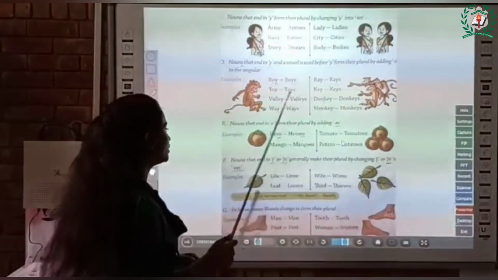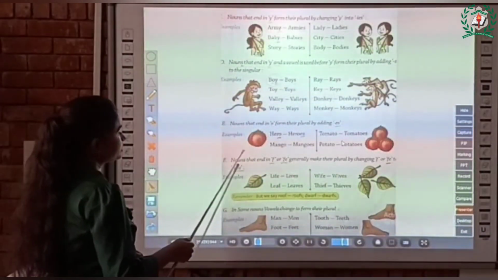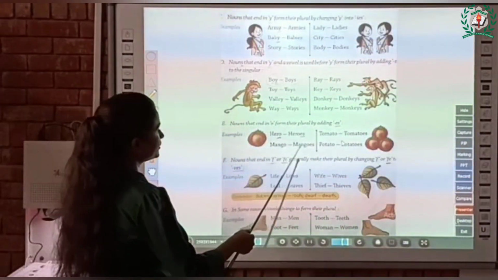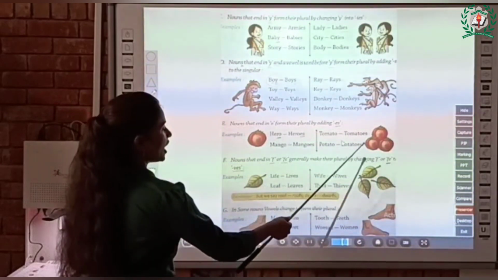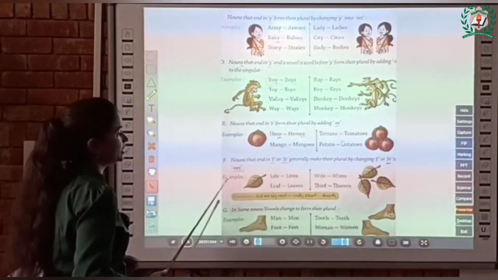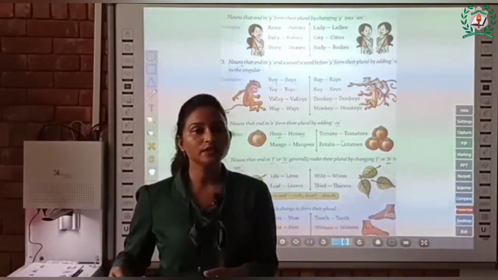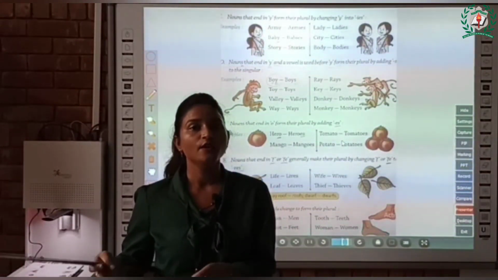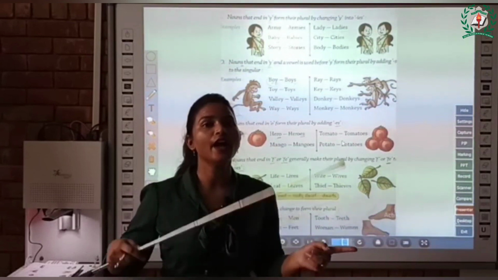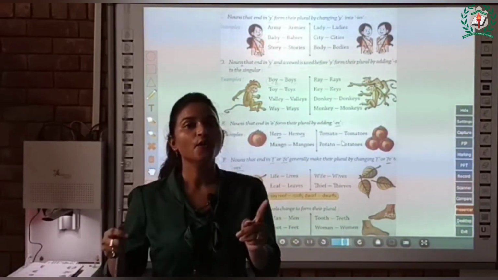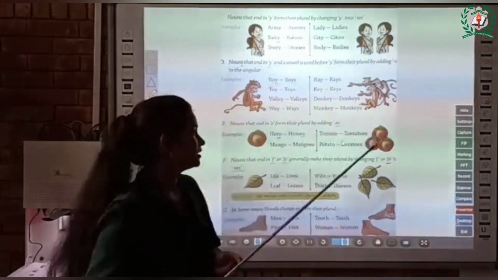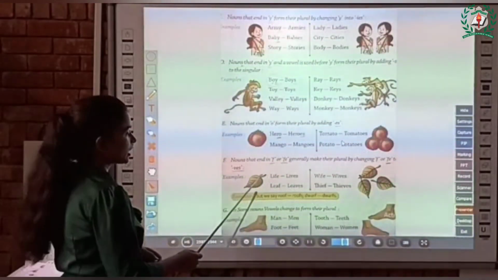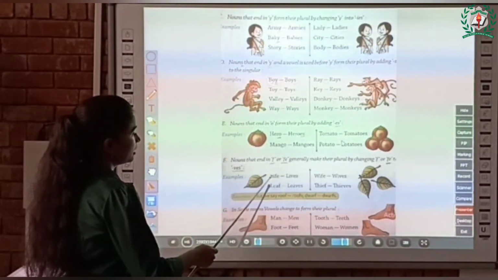So children, now look at rule number 6. Nouns that end in F or FE generally make their plural by changing F or FE to VES. So for nouns that end in F or FE, we remove the F or FE part and add VES. Now look at the examples. Life.